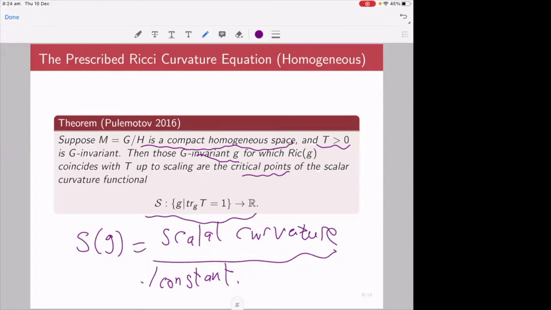So of course, if we're trying to use the scalar curvature functional to solve the prescribed Ricci curvature problem, our constraint somehow has to involve the tensor T, and that's exactly what this is. We restrict attention to those G invariant Riemannian metrics G such that the trace of the tensor T that we're trying to prescribe, the trace with respect to that metric, is exactly equal to 1.